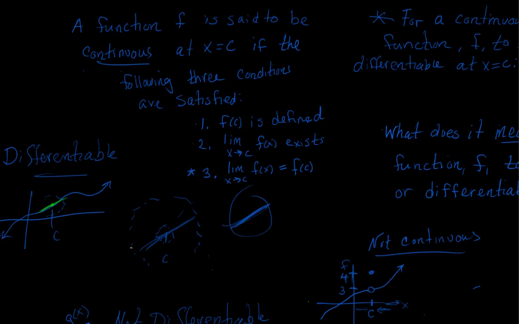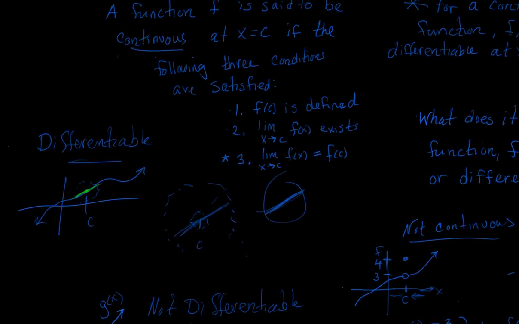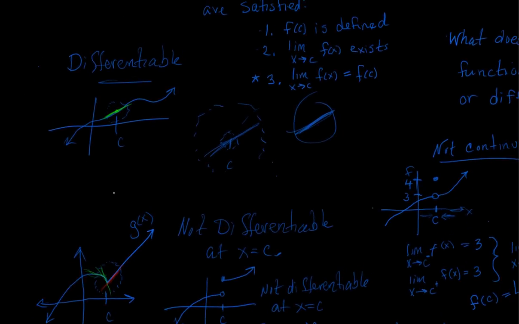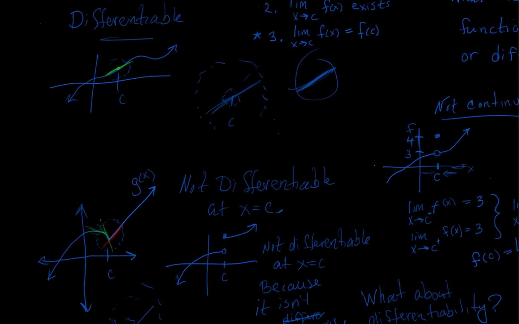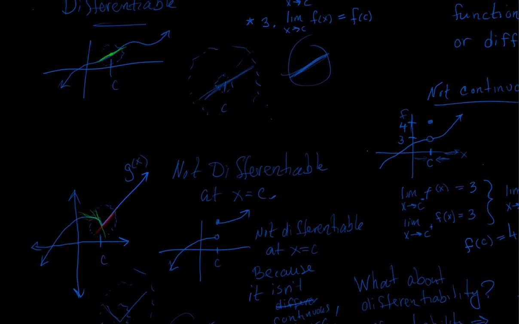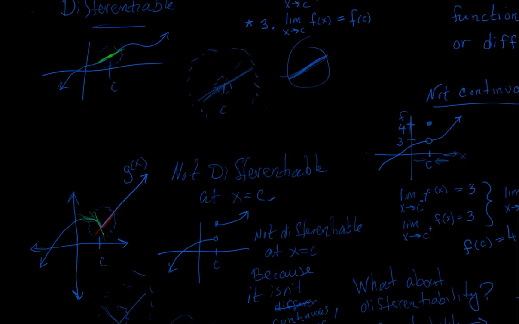That was really the reason why this is an example of a graph where it is differentiable at c, but here it's not. The slopes from the left of c are not getting closer and closer to the slopes as we approach c from the right.